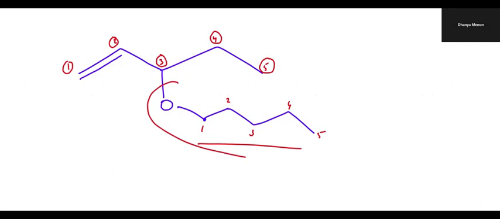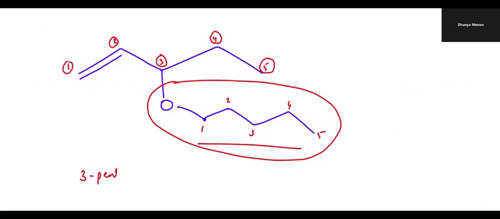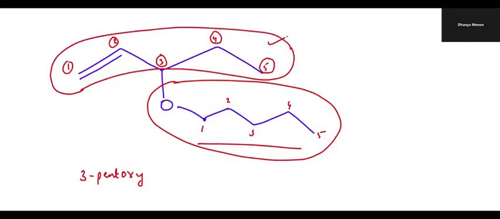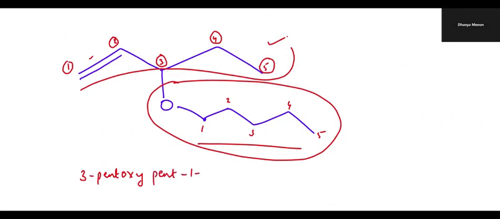So at the 3rd position, I have pentoxy. Then we consider this as our main chain because there's a double bond here. I hope I'm clear here. So in the main chain, I have 5 carbon atoms, pent. At the first position, I have a double bond, ene. So this is the name. I hope I'm clear here.